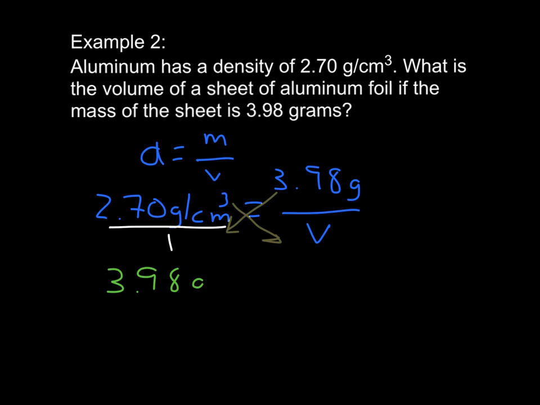3.98 grams. And that is equal to 2.70 grams per centimeter cubed times V. Now what do we do to get V by itself? Correct. We divide by 2.70 grams per centimeter cubed.